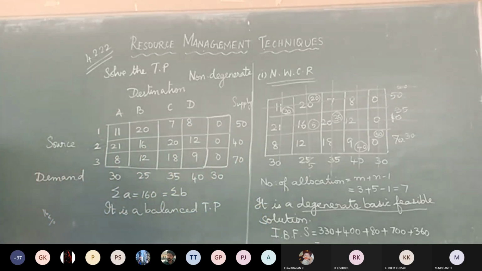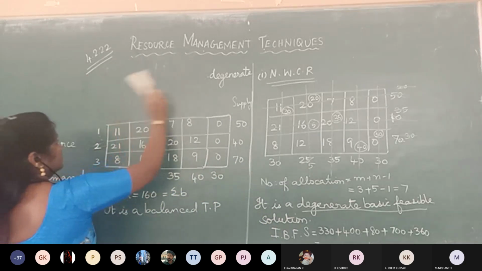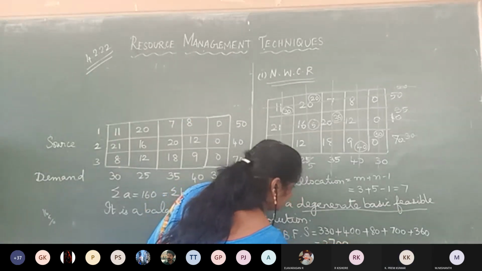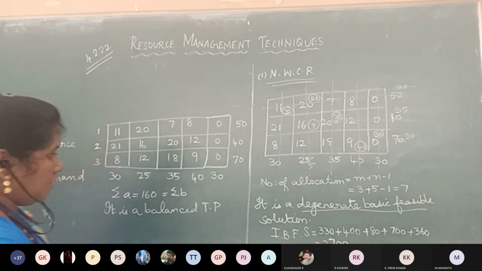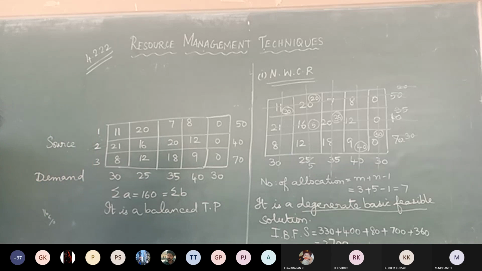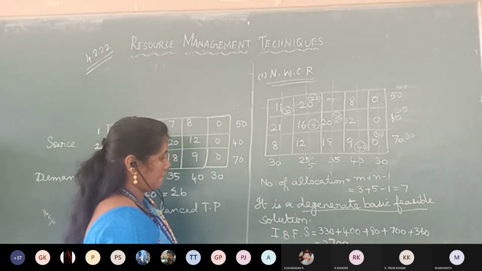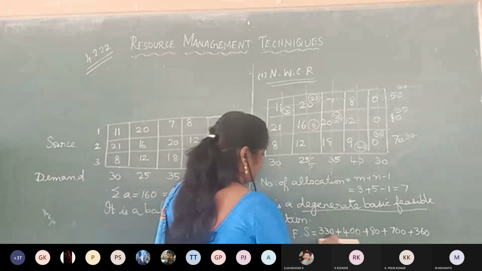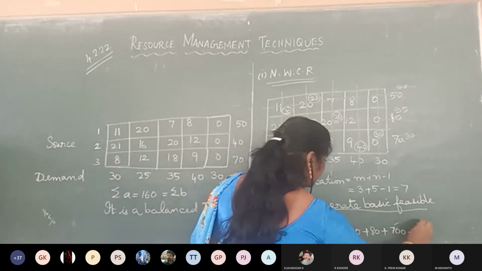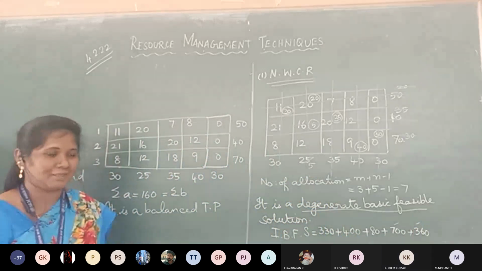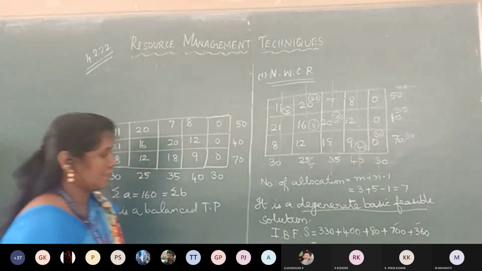Find the total and tell me. Students: 2,700, ma'am. It is 567. This is only 80, 16 fives are 80. Just check it, I don't think it is 2,700. Here it is 1,060. It's 80 only.